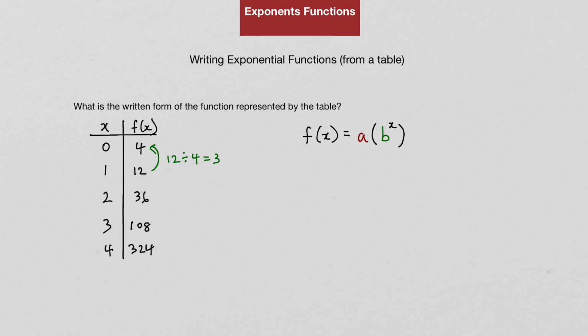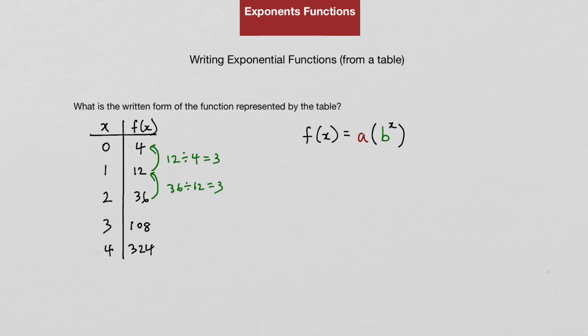Okay, now normally we would stop here, but I would suggest that you check the remaining ratios just to make sure that this ratio continues to be 3. So we're going to take the third value and divide it by the second value. So we're going to take 36 and divide that by 12, and we see that that is equal to 3.